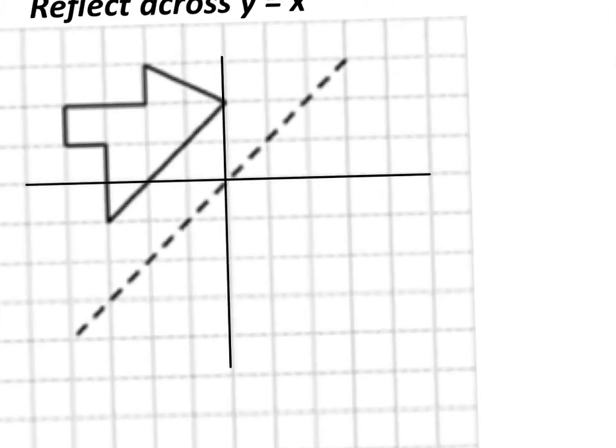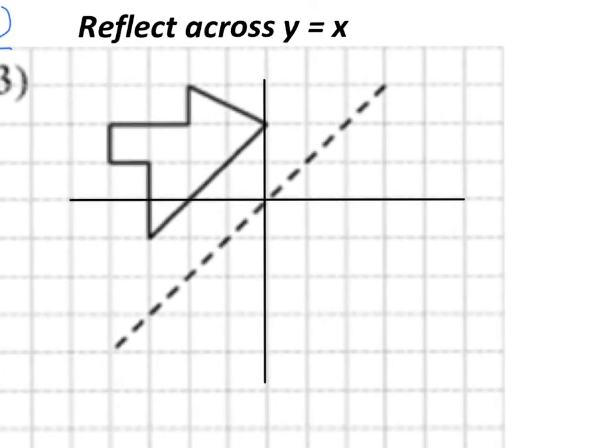Alright, right here. Now this is where it comes in handy having these rules for reflections. According to these rules, for y equals x, we flip the x and y coordinates. So we find all the points, and then we find the points by reflecting them. Here we have -3, -1.